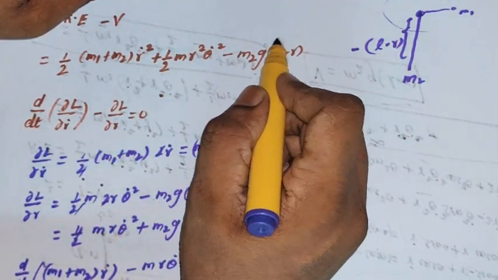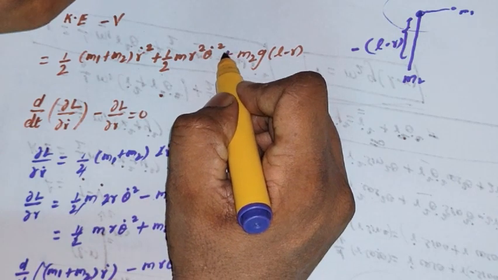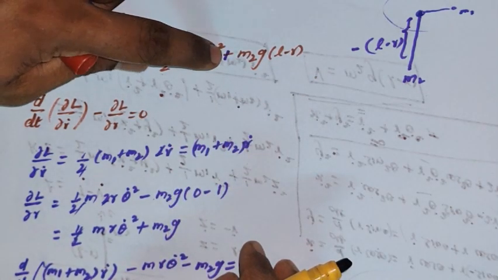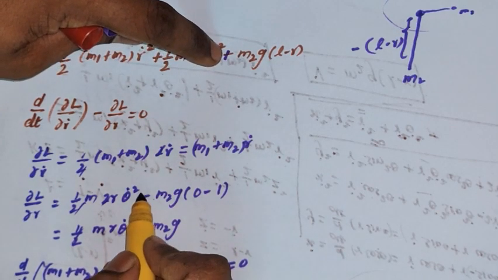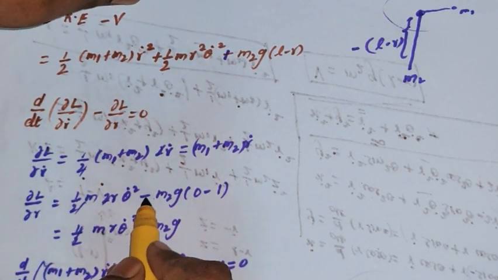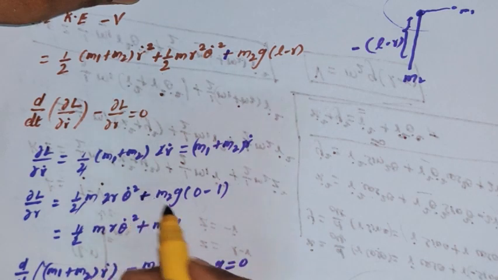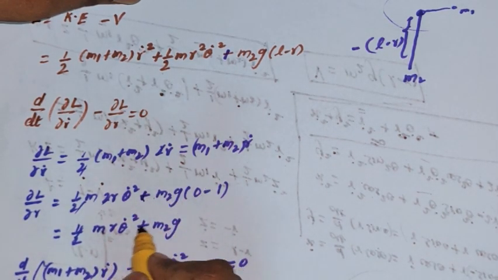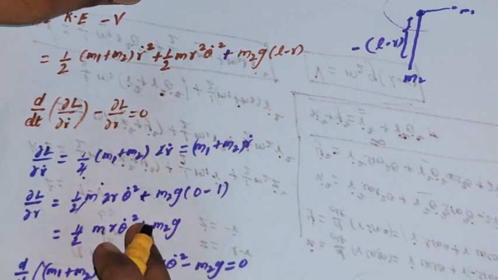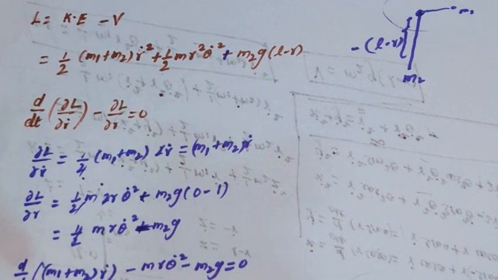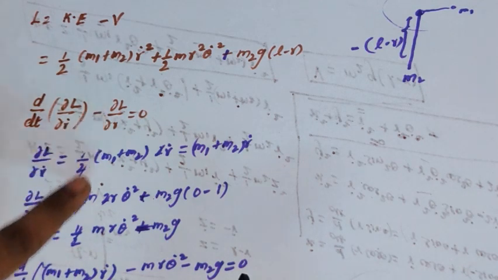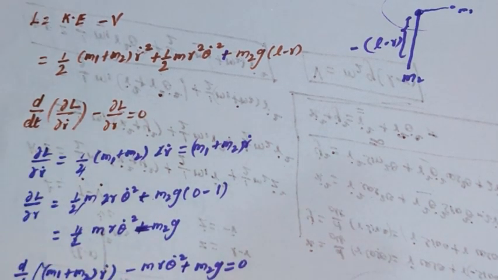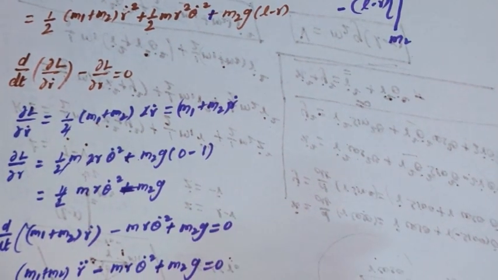Then dou of this with respect to r would give minus m2 g. So plus into minus would be equal to minus. Once this is minus, then minus dou L by dou r makes this one a plus. So this is a small correction we have to make.